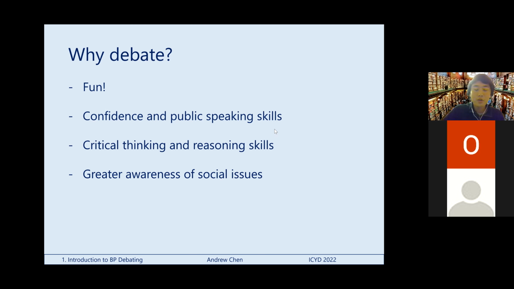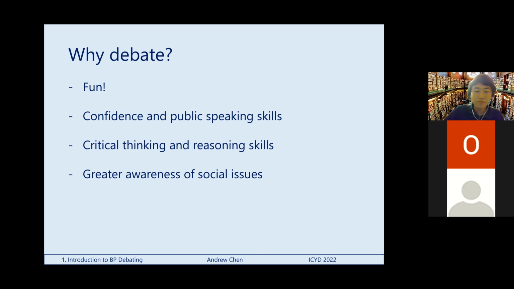There are also lots of really useful skills that you can gain, develop, and practice through debating, things like confidence and public speaking skills, critical thinking and reasoning skills. And these things will be really useful for a lot of your school subjects and even at university, be that when you're applying, if you have to sit through an Oxford interview, or at the universities themselves when you write essays.